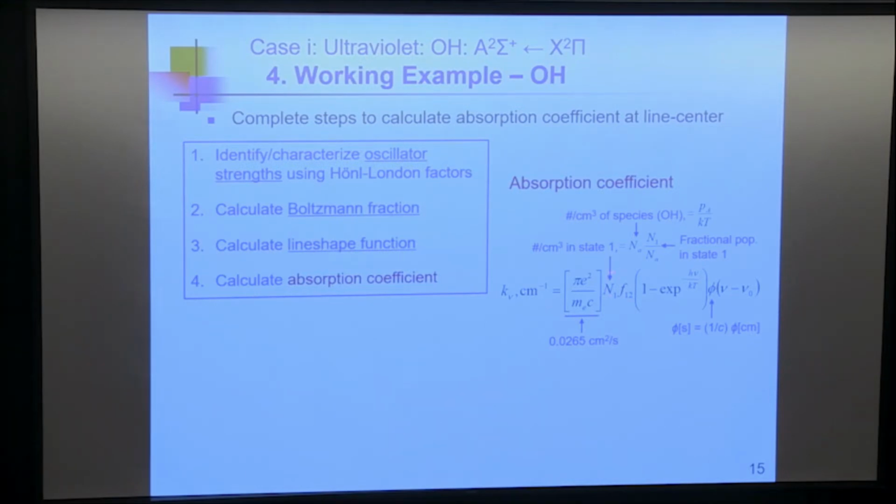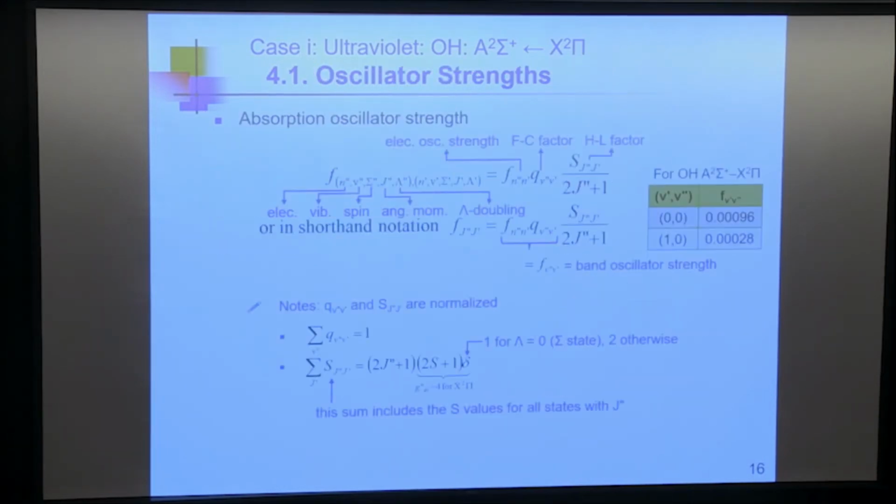Everything is buried right in here. To get the absorption coefficient, I just need the oscillator strength and this Boltzmann fraction. So I write this number density as the absolute density of that species times the Boltzmann fraction, because what I'm really interested in, in the end, is the number density of that species. All of the work is in the oscillator strength and this fraction. It'll look kind of dense, but in the end, one of them is just a 4.